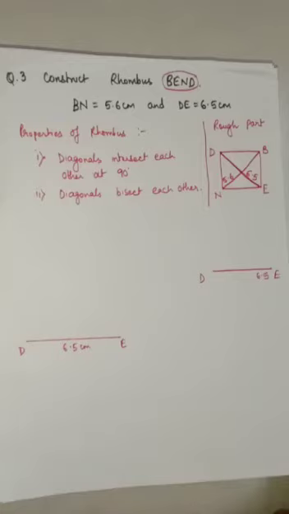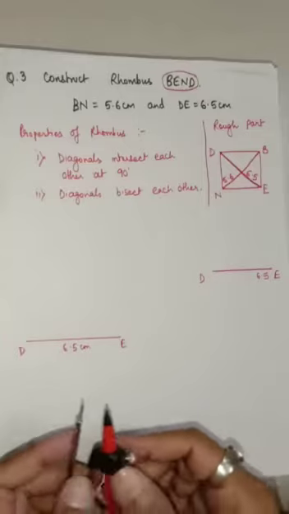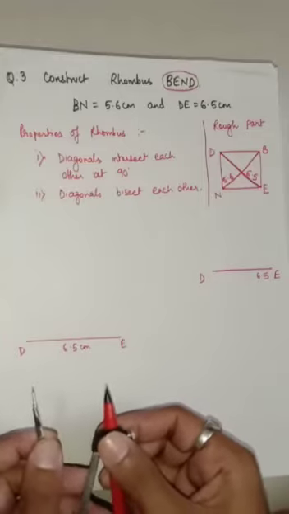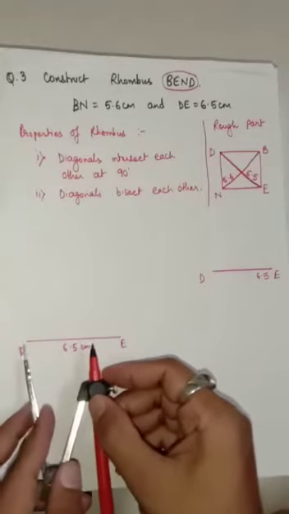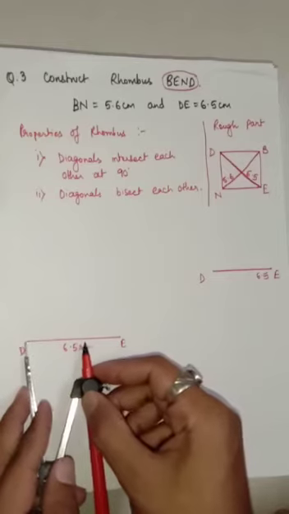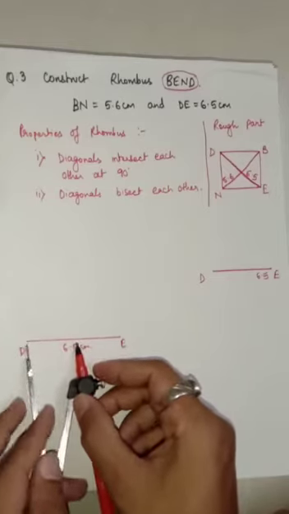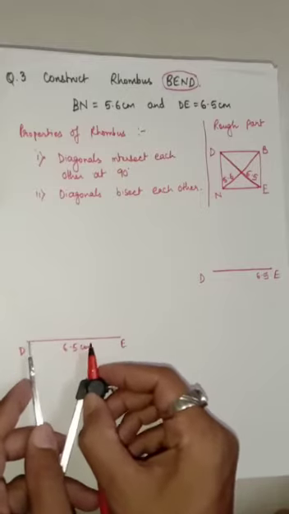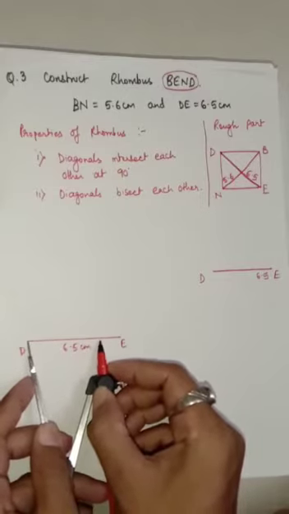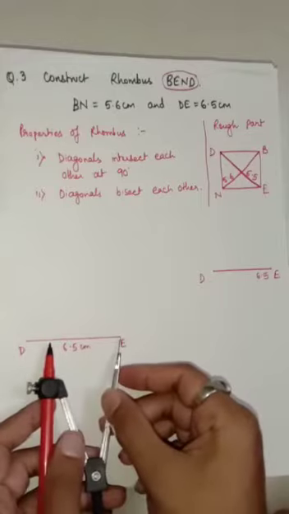For the perpendicular bisector, what we used to do is take an approximate measure using the compass of this line, which is more than half. You may feel this is half, so we have to take more than half of this line. This is more than half, from point D and from point E also.